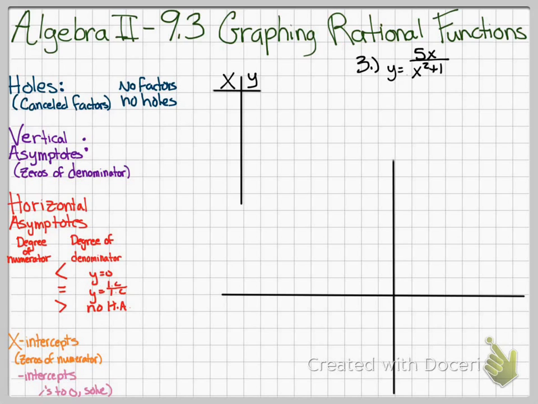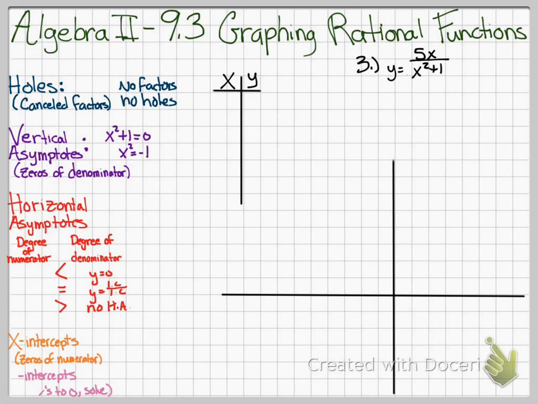Vertical asymptotes are found by setting the factors of the denominator equal to 0. Well, we can't factor it. It's x squared plus 1. So even if we try, we're going to get x squared equals negative 1. And our next step would be to take the square root of both sides. But we know the square root of negative 1 is i.